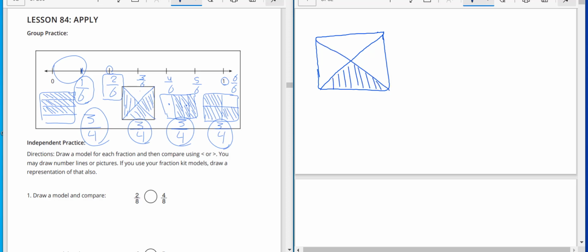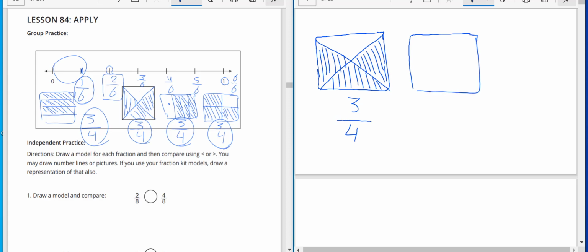Shaded 3 parts: first part, second part, and third part. This fraction is 3/4. And the other represents quarters or fourths.